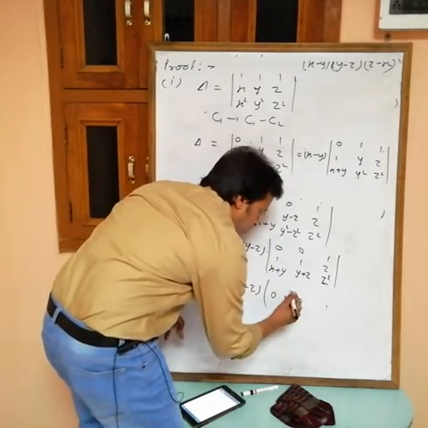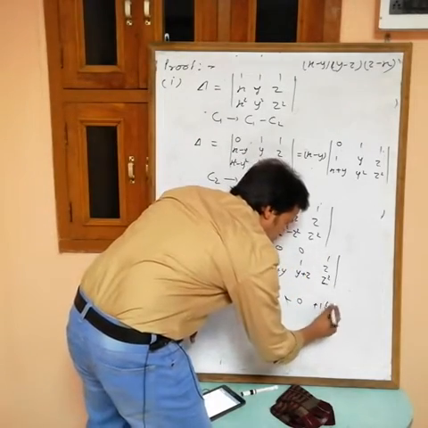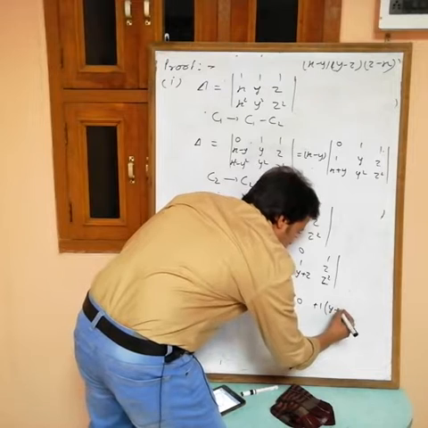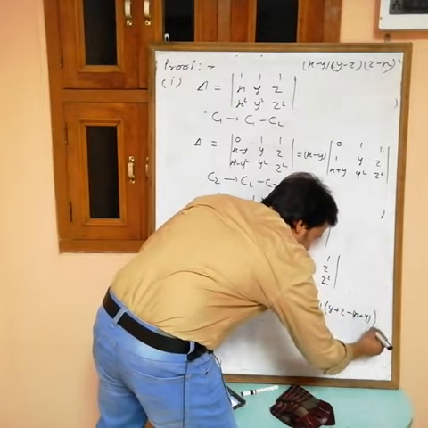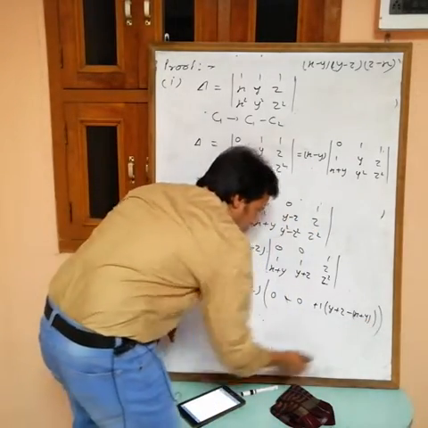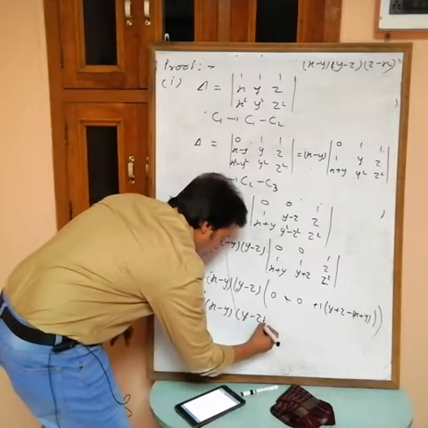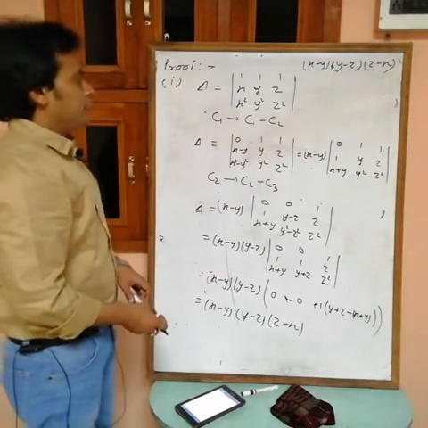For this one the sign is minus, for this one plus: plus, minus, plus. So 1 is multiplied with its minor: this one into this one minus this one into this one, y plus z minus x plus y. Y cancels out, z minus x. So what we are getting is x minus y, y minus z, and z minus x. Write down the first one.